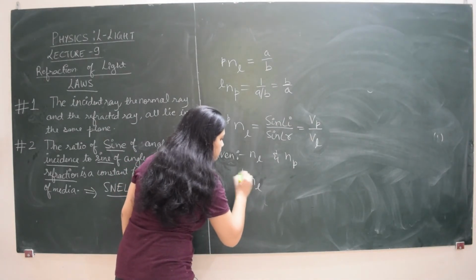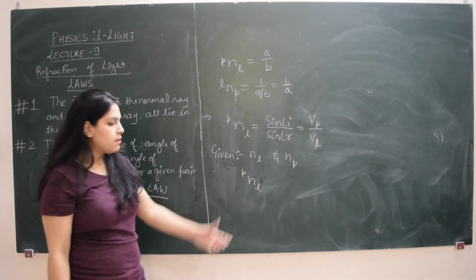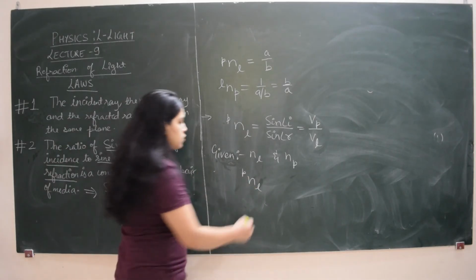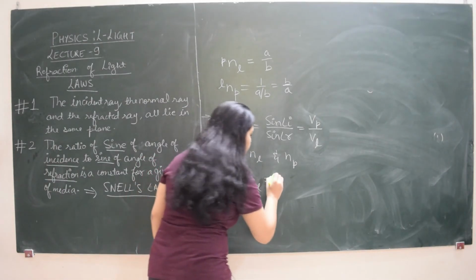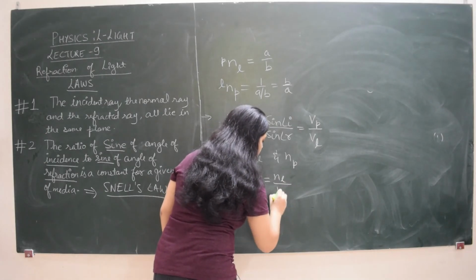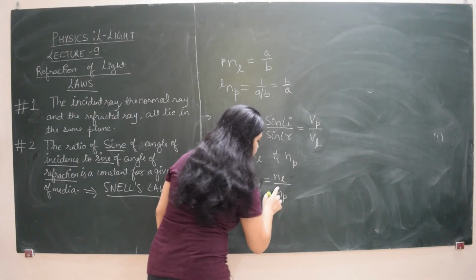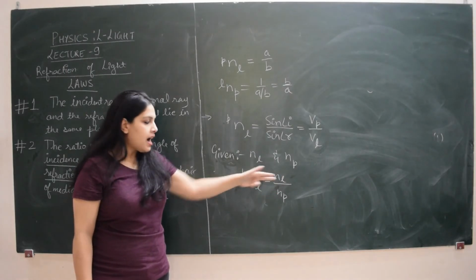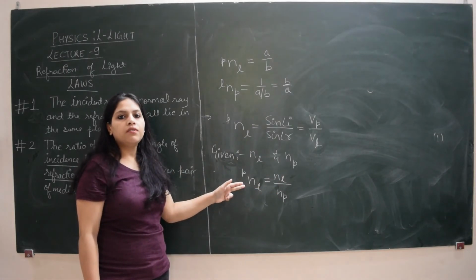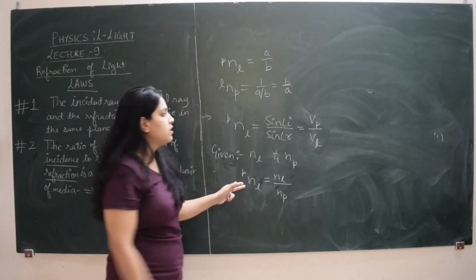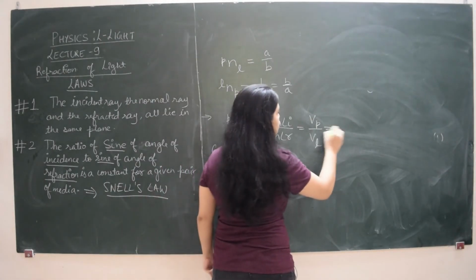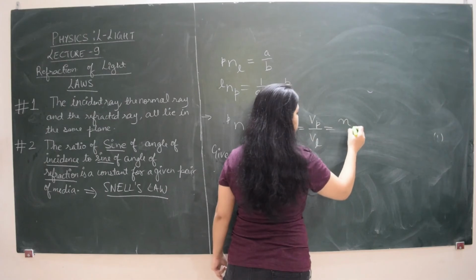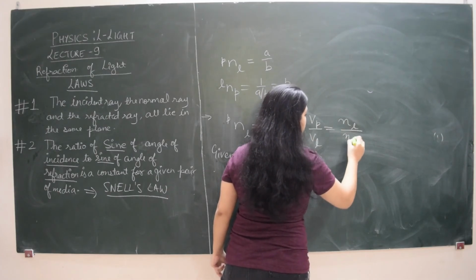I need to find NLP, that means the relative refractive index. The relation will be NL upon NP. So with the help of two absolute refractive indices, I can find one relative refractive index.